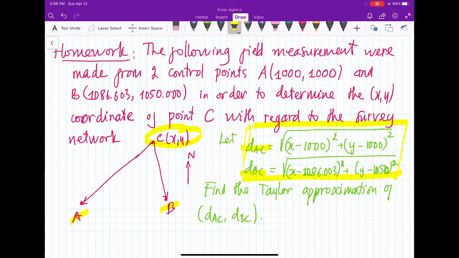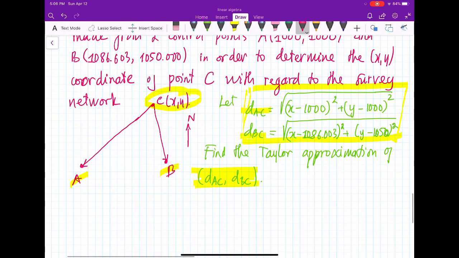All right, and they ask us to find a Taylor approximation of a vector function, DAC, DBC, at the point 1100 and 1173, 205.